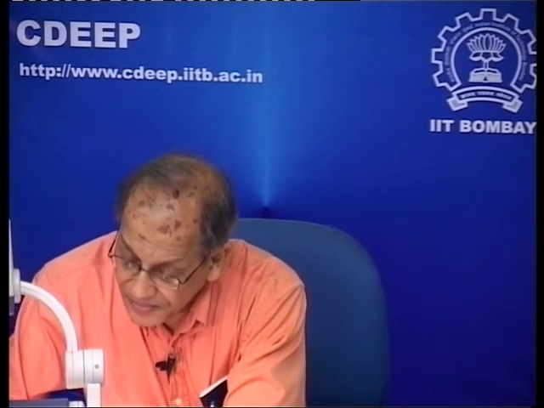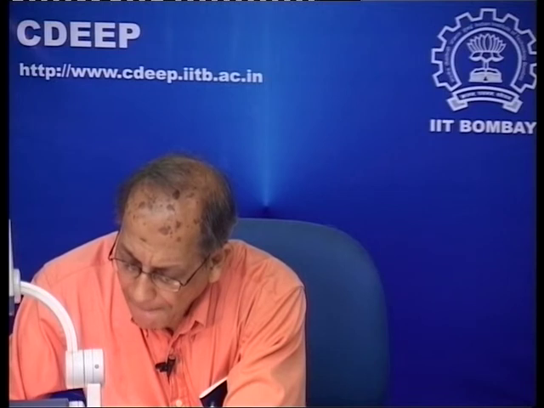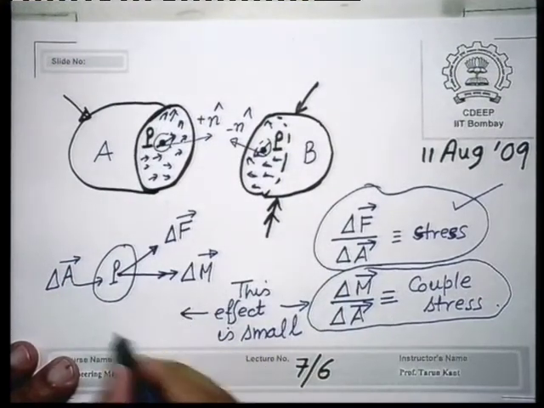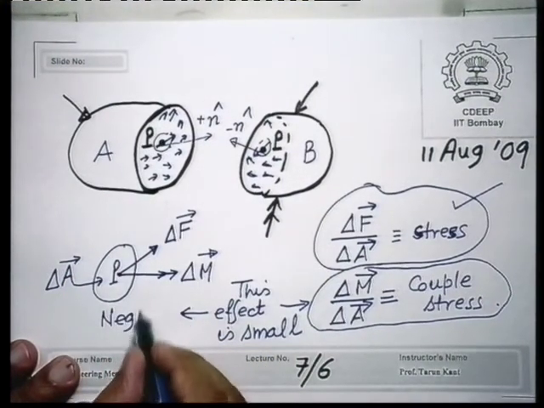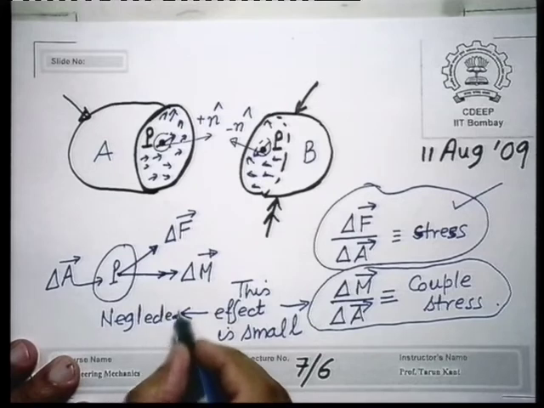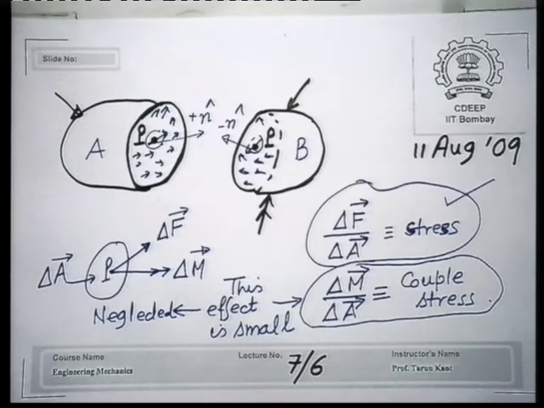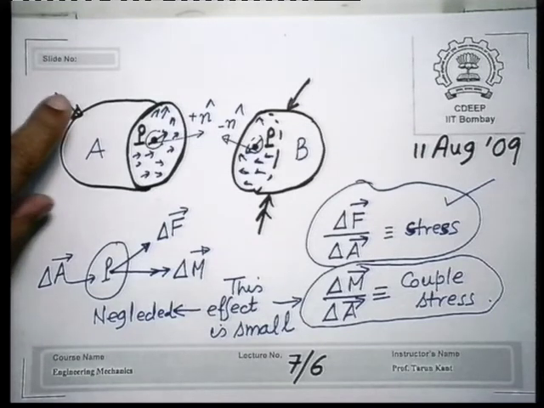So, this effect is neglected. There are situations where couple stresses are important, like if you want to find out stresses around cavities, around holes, and stresses close to the application of the load.